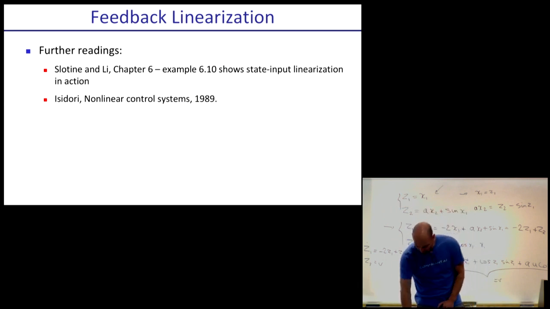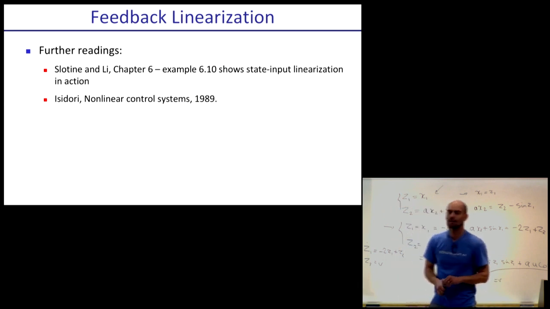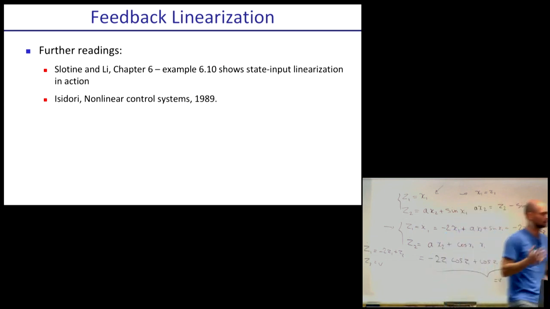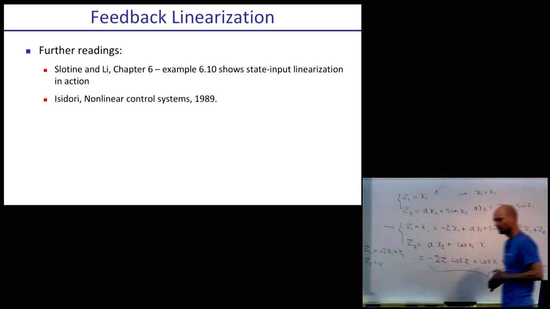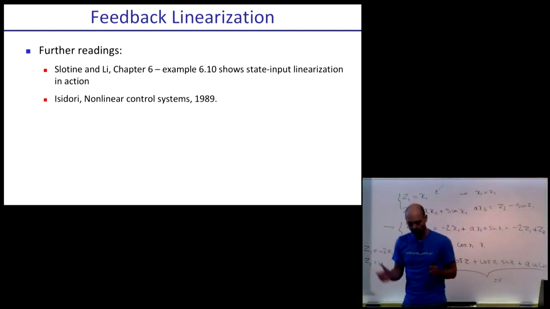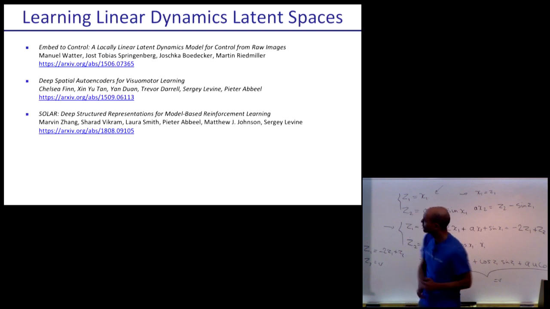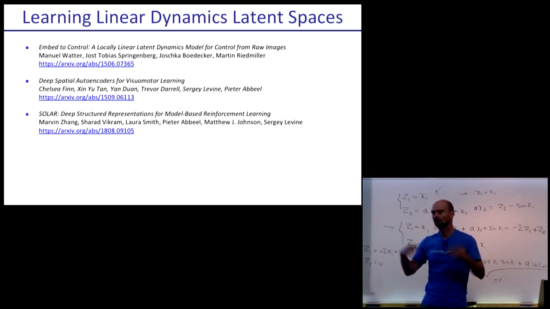One thing you might wonder is, maybe there's a solution to a PDE that can find this variable transformation, and maybe you can find it, maybe not, but actually maybe you can just learn it. So one thing you could consider as you're working on these problems is that you could go from your original state space to a latent space, and you might just force the latent space to be a linear dynamical system.